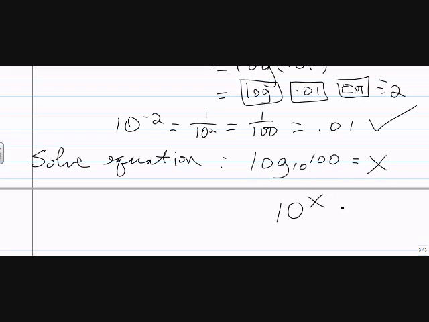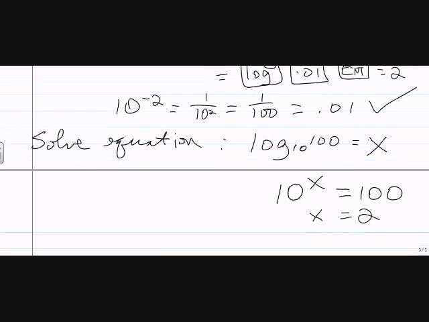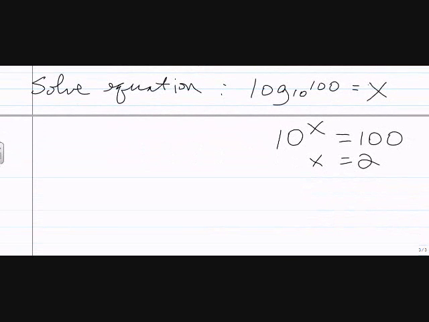X equals 100. I've changed the logarithm to exponential. Now 10 to the second power is 100. So I can do that one in my head. I can verify that one in my head. But some of these we won't be able to verify so easily in our head. So let's try one that's a little harder.